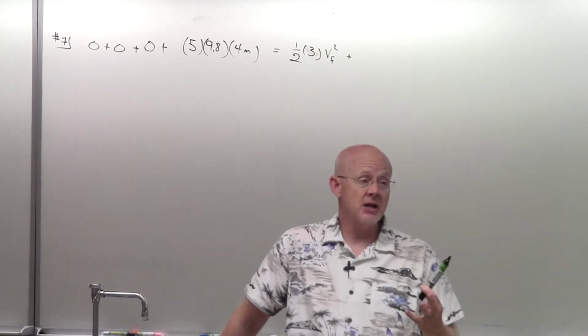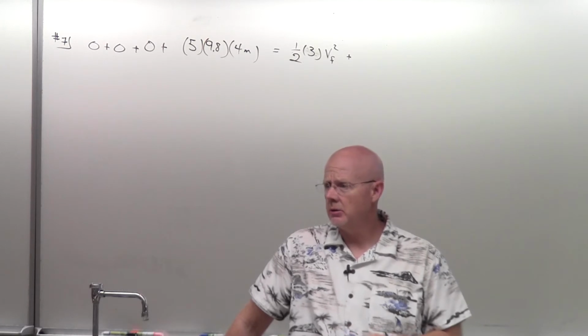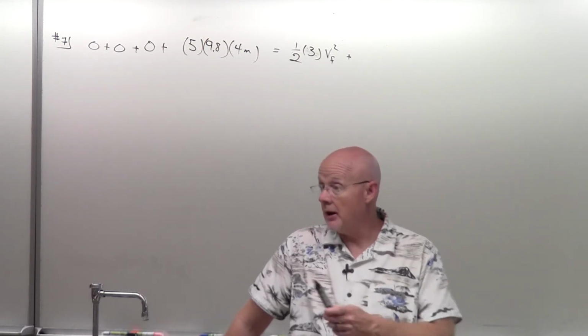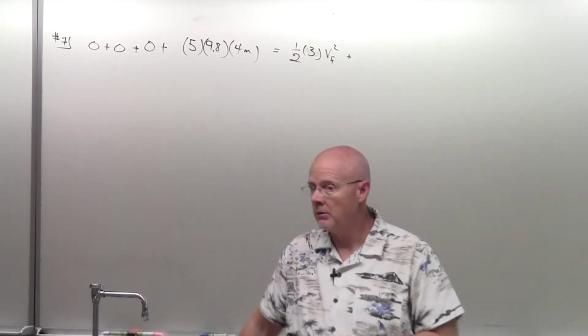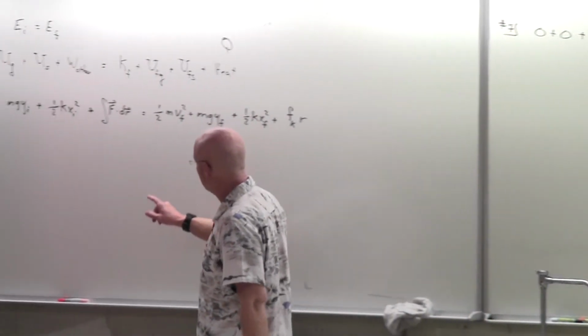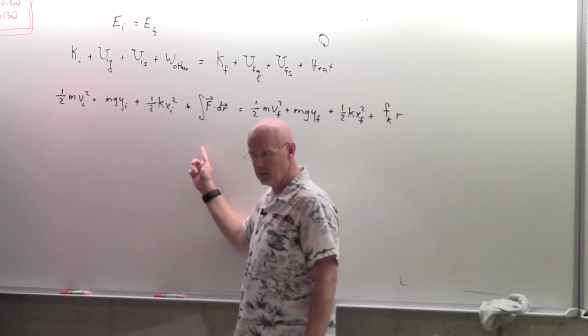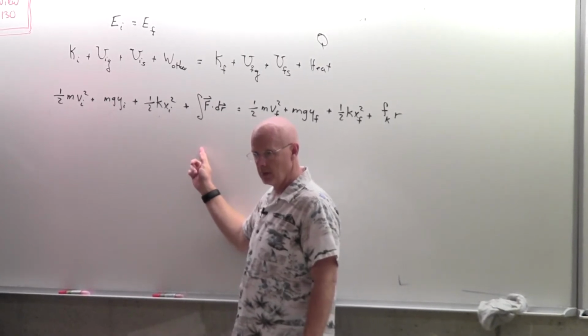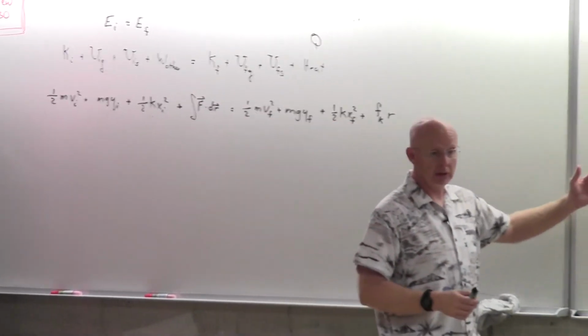And I know some of you are saying 0, but why are you saying 0? Well, because it hits the ground, right? But if it hits the ground, don't I have to include this term? And we didn't, did we?